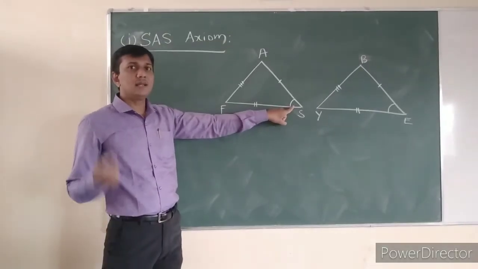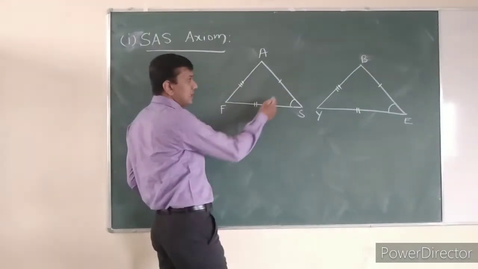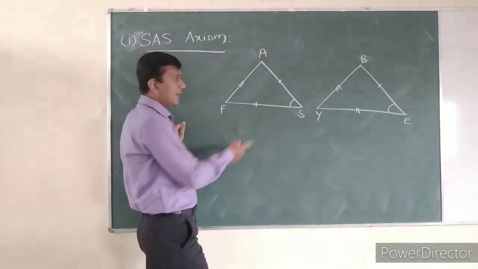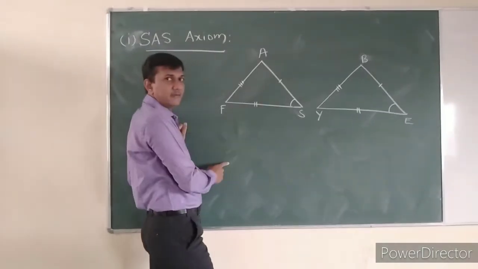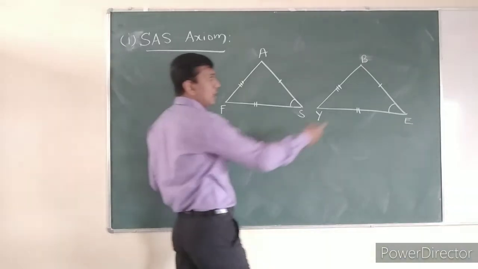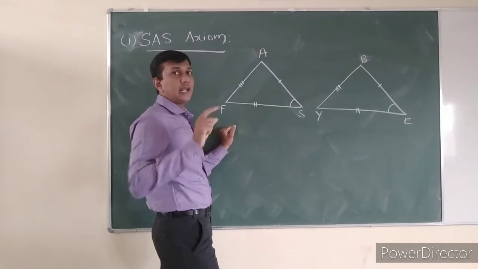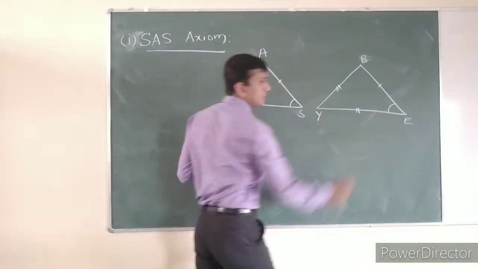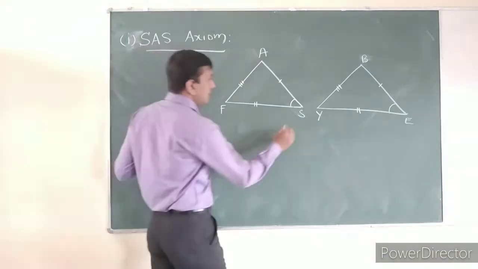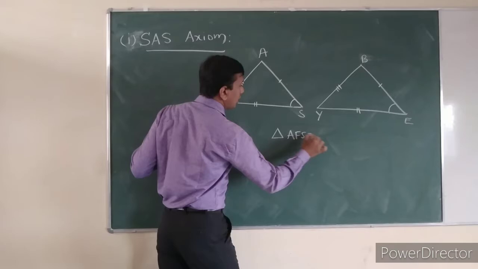Included means the angle should come in between the two line segments. If two sides and the included angle of one triangle are equal to two sides and the included angle of another triangle, we can say that these two triangles are congruent.